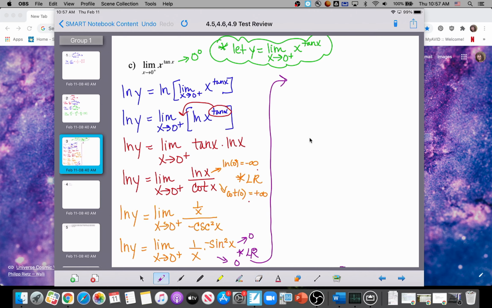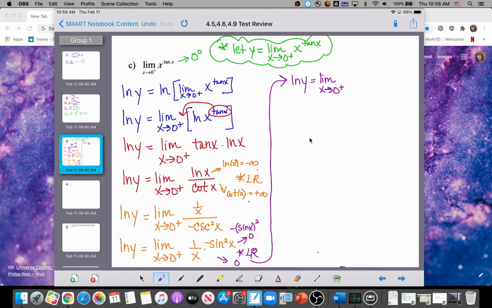I am going to apply L'Hopital's rule again. Still have my natural log y on the left, but on the right, I am going to have the limit as x approaches 0 from the right. In my numerator, I have the negative sine squared x. That is what I am taking the derivative of. So I'm going to write it back below as negative sine x quantity squared, okay?